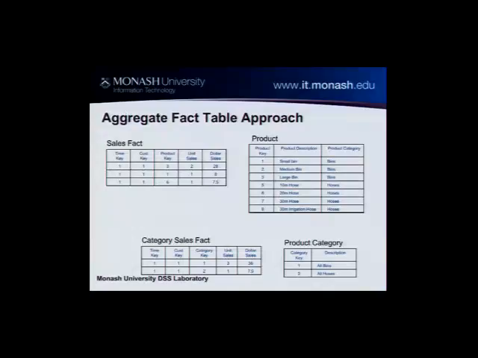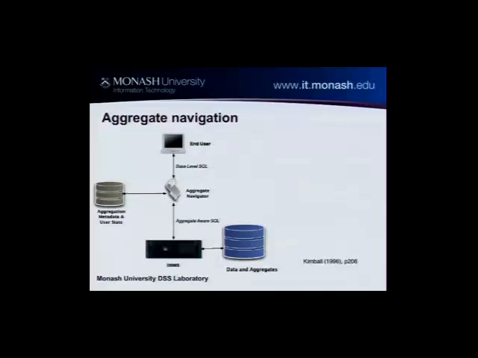So even though this is a very trivial, very small example, already this thing here runs at 66% of the time that it takes to run that one up there. So it's only 2/3 rather than 3. So the aggregate navigator intelligently, automatically, like a black box, parses the SQL and hits the appropriate fact table to get the results back in the most efficient way possible.